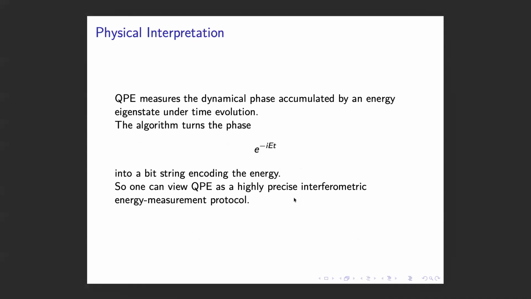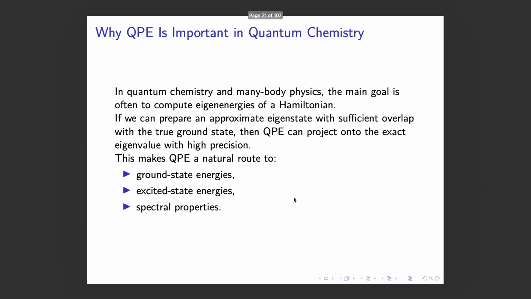That's the kind of physical interpretation you can give to it. It's important in many-body physics, and quantum chemistry has been one of the big fields of application of many-body methods. It's a natural route to look at ground state energies. You can also use it for excited state energies and other properties of many-body systems.